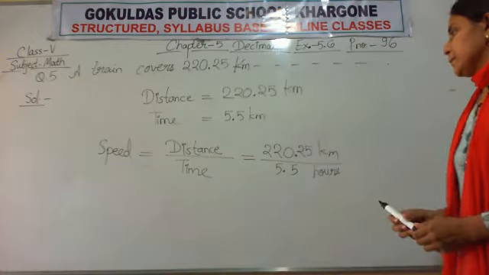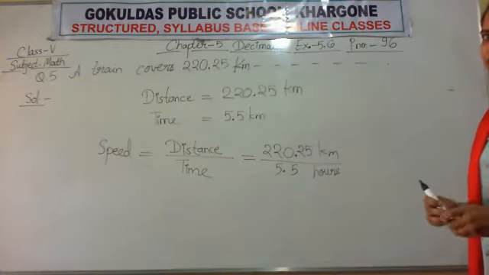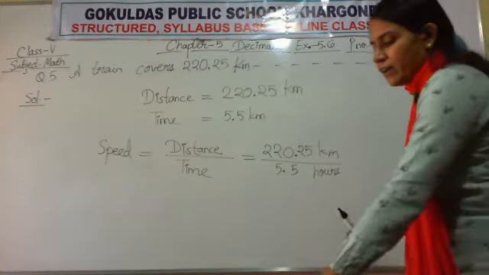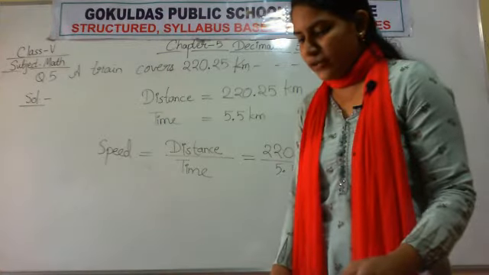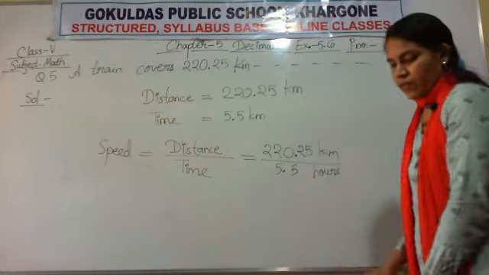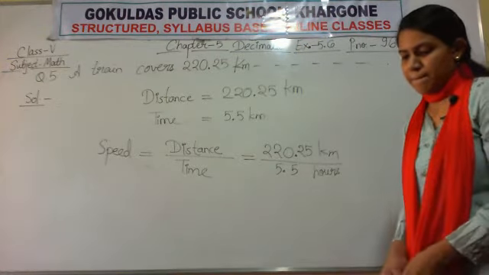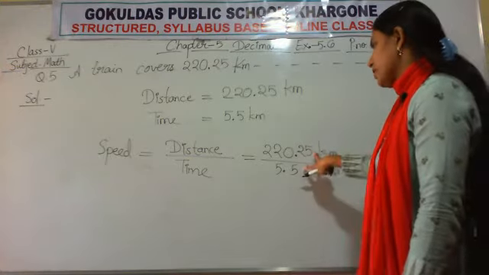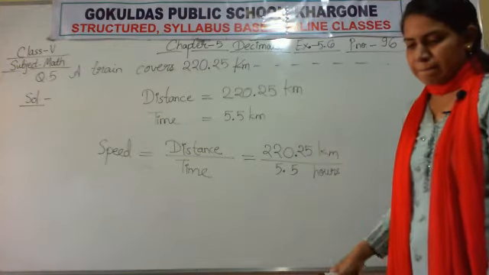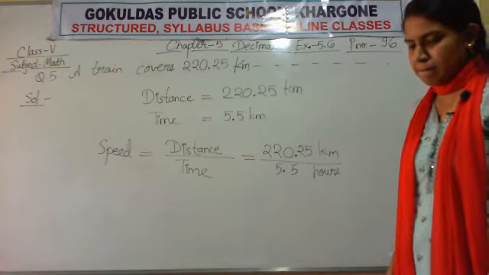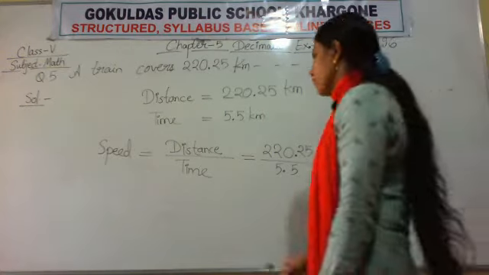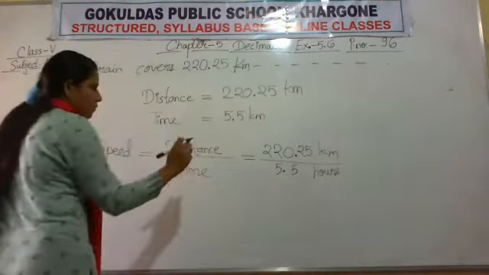So we have two ways to divide it. One way is by making them like decimals.